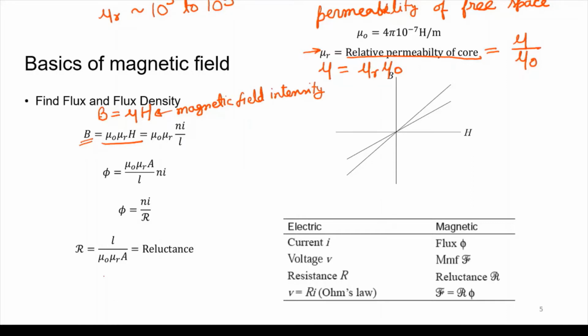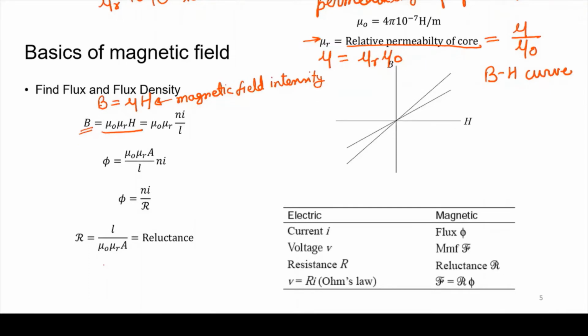So the magnetic field intensity is an independent input to the magnetic core, and the output or dependent variable will be the flux density, which depends on the material property. That is why when we talk about the curve between B and H, we call it the BH curve. We use the H variable on the x-axis and the B variable on the y-axis.